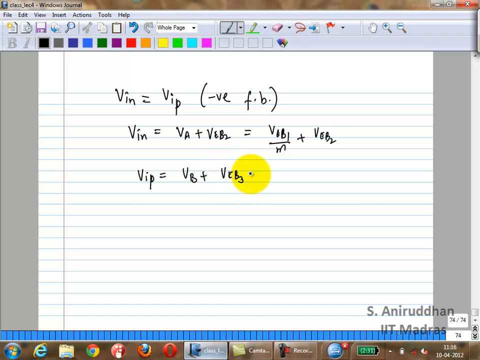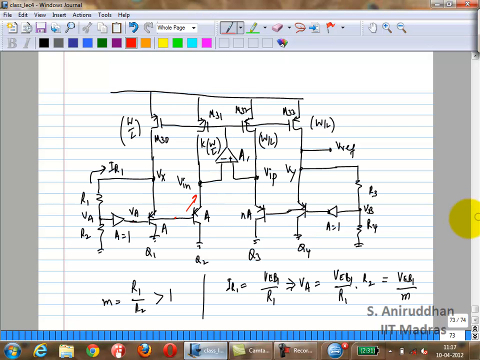So VB is nothing but, correct? So this is your delta VB you wanted to do, and of course note that these two currents are not equal.